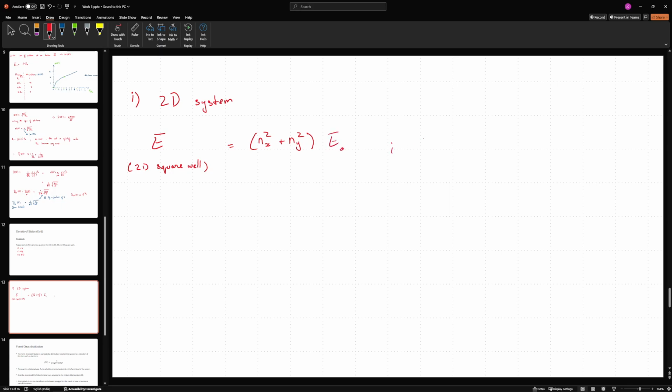Again, I'm assuming it's a square well, so length equals breadth.